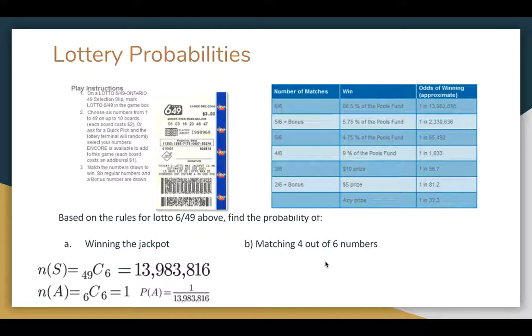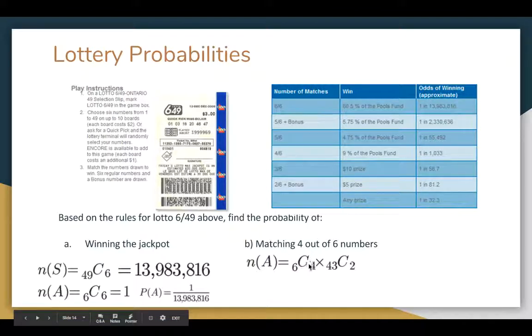Matching 4 of the 6 is like the 5s, and we're making 2 groups. n(S) is still 49 choose 6, but we're going to group the lottery numbers into winners and losers. Out of the 6 winners, we're only going to choose 4 of them. But then, like the 5s, out of the 43 remaining numbers, we're going to choose 2 of them.